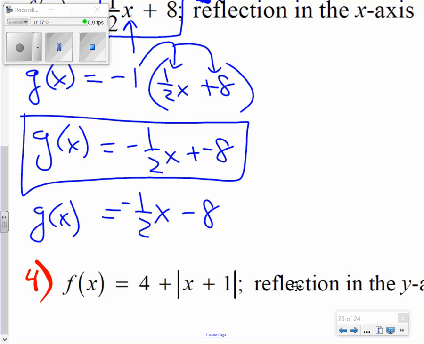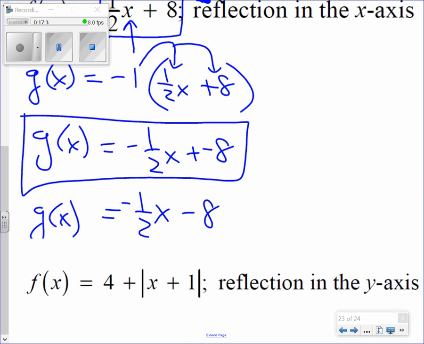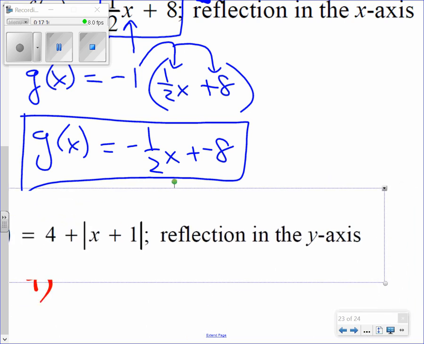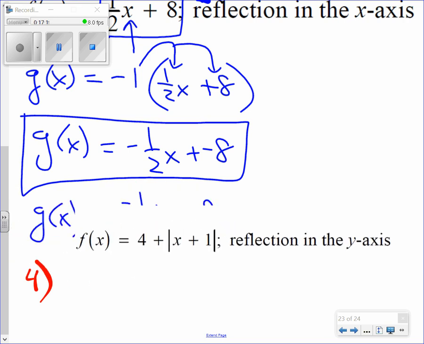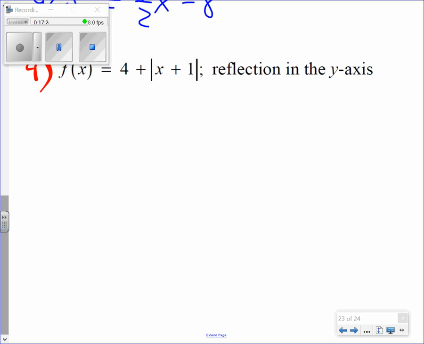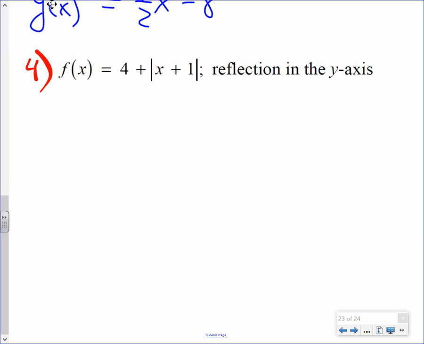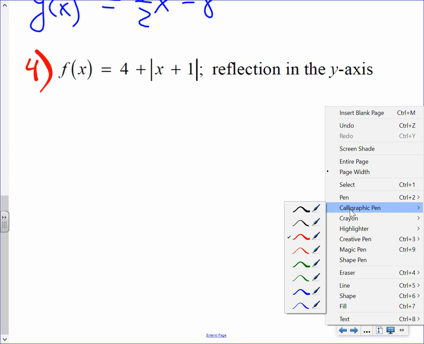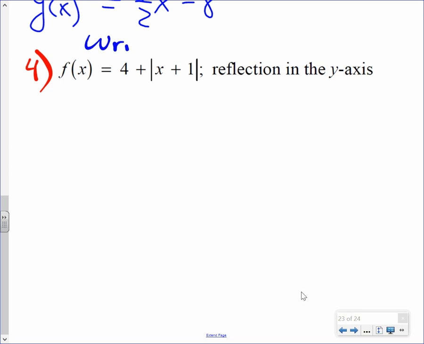Okay, same mission. But we're just going to reflect this absolute value function in the y-axis. Let me get this here, makes it a little smaller here. Okay, so I'm going to write this one down. So write a new function g that does this, reflection in the y-axis.